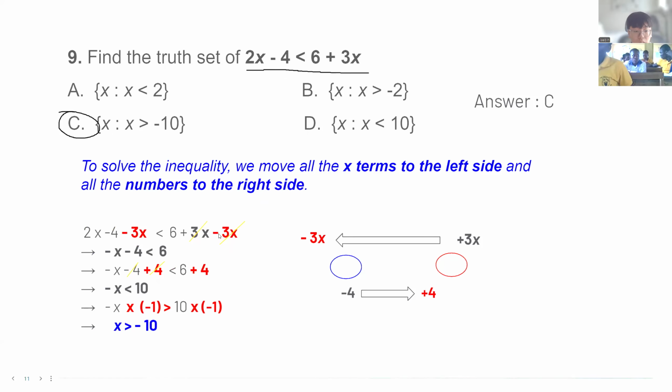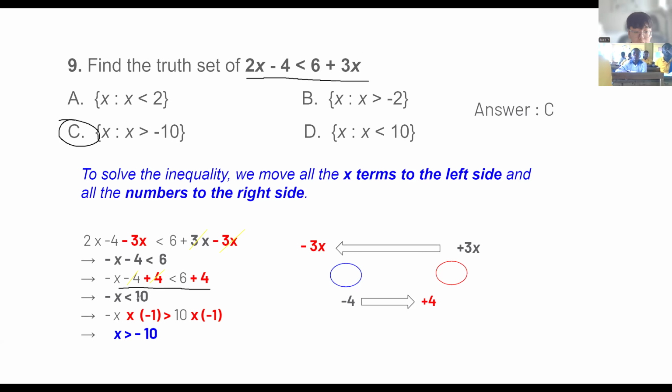If we move all the x terms to the left side, we subtract 3x, and this becomes negative x minus 4 is less than 6. We add 4 to both sides, so this becomes negative x is less than 10. And we have to multiply or divide by negative 1 on both sides, and that flips the sign. That's why it becomes x is greater than negative 10.